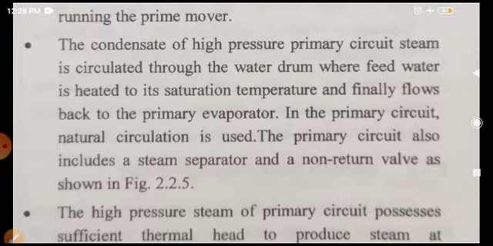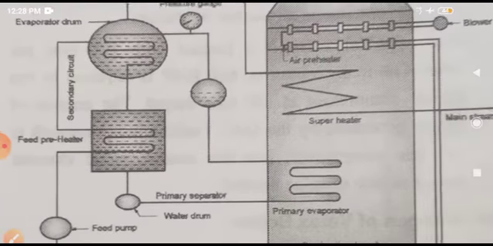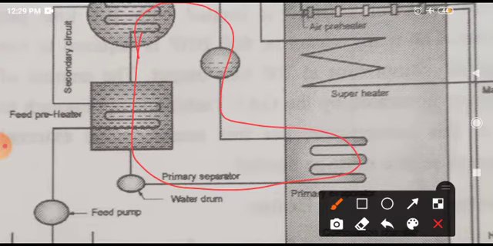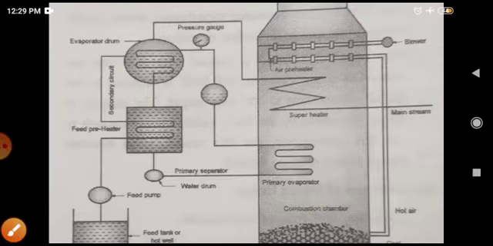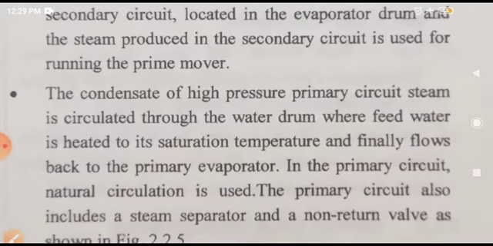In the primary circuit, natural circulation is used. That means in this circuit there is no feed pump, which is why the circulation is quite natural.